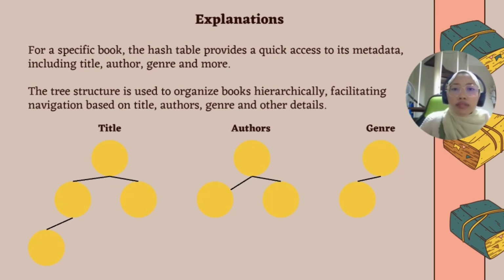How about the hash table? The hash table itself I already explained from the previous slide. It provides quick access, as in we quickly access the value from its index. So we already have the index of the specific book. Let's say the specific book that we chose today is Digital Principle, which is index 1.